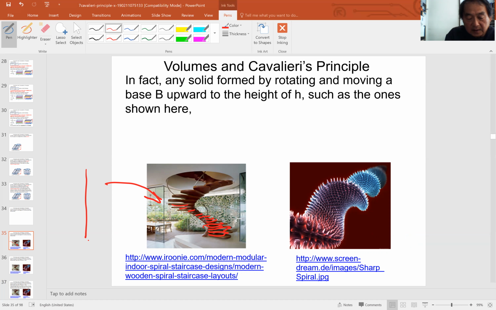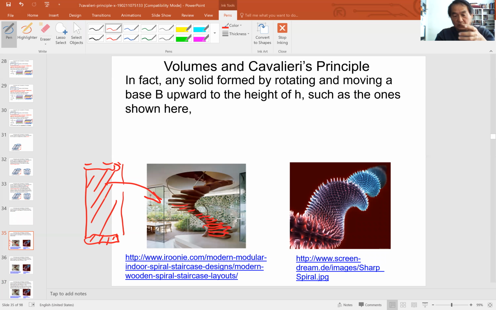Then you wind up with the steps right here, and you can rotate them into the cylinder. That's how all the wood stacks up together into solids.